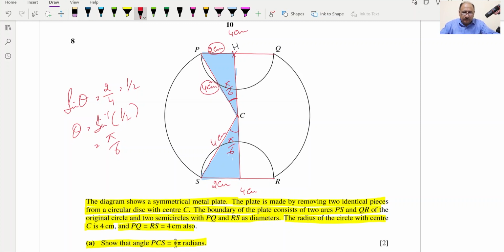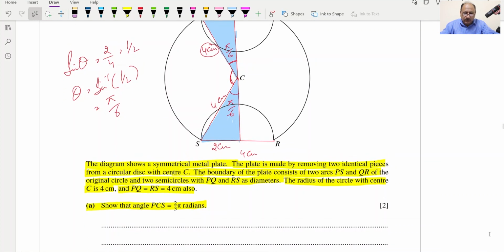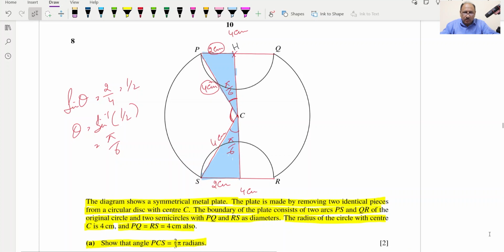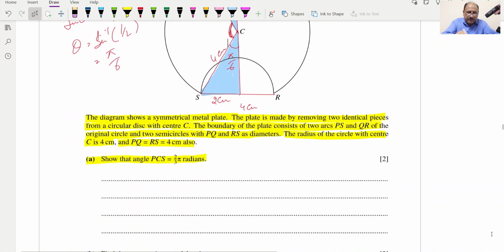Now we can find this angle, which is angle PCS.